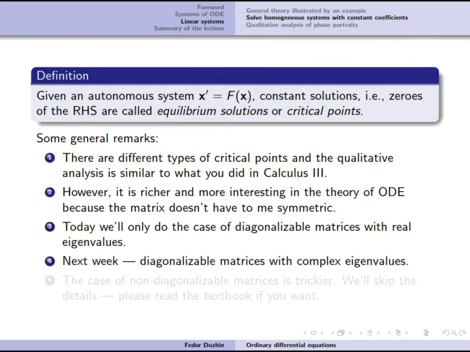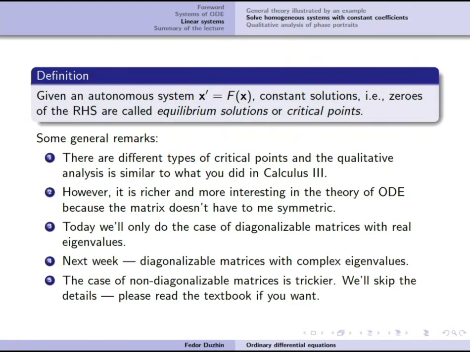Today we're going to do the case of real eigenvalues. Next week, complex eigenvalues. There is also a tricky case, non-diagonalizable matrices. If you want, I suggest that you read the textbook, but I'm not going to cover it. It is technically doable, but it is much more complicated.